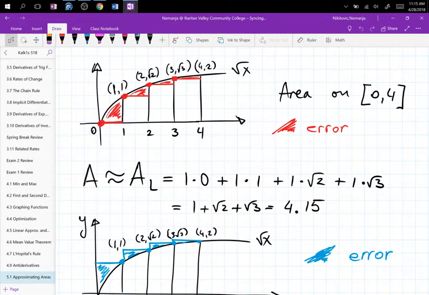And understand that as you add more rectangles, as you cram more rectangles in the prescribed interval, like in our case 0 to 4, the more rectangles you put, the better precision in terms of your answer. But in the end, this is all approximation.